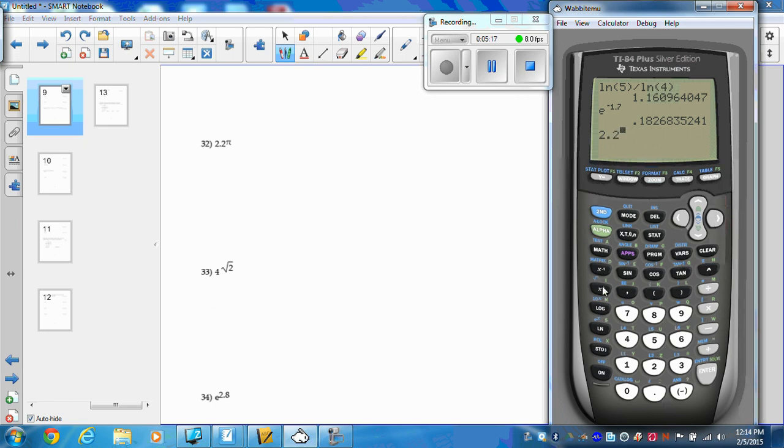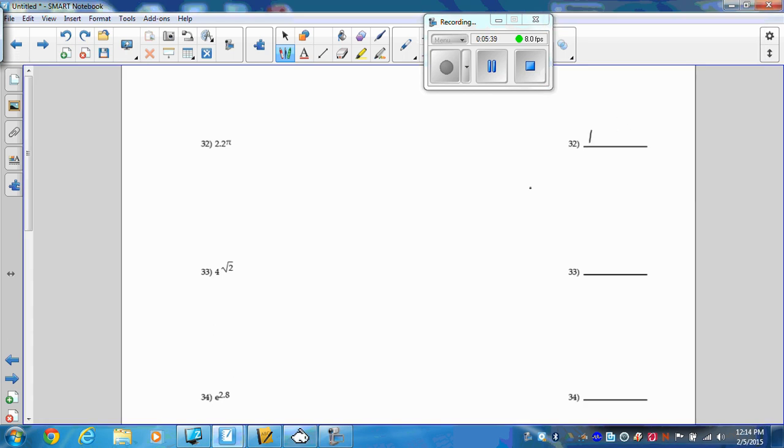And I'm going to plug pi in, and pi is this number right here above that caret key. So there's my pi, it's 3.14. And so I get 11.906.